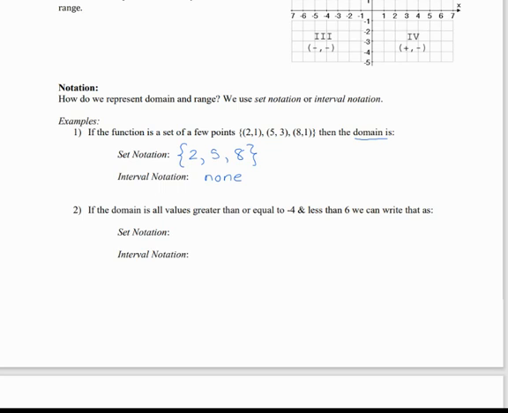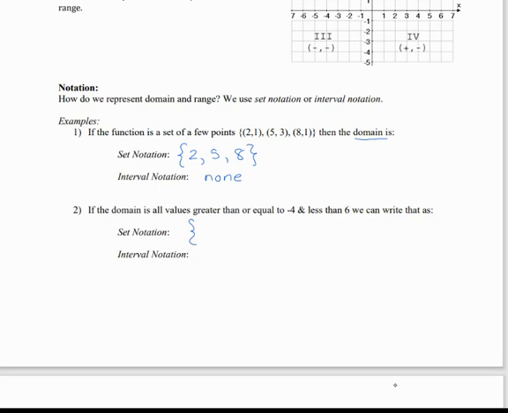We could have -4, -3, -3.2, -3.017, lots and lots of values. So we're not just going to list set numbers. We need to use our greater than and less than symbols. So for set notation here, recall domain is our x's. So we're going to use those braces just like above.